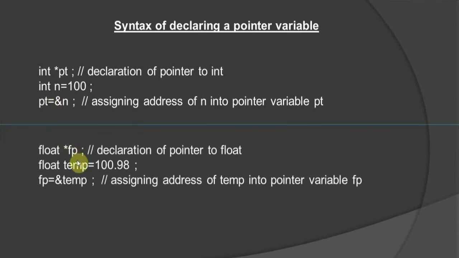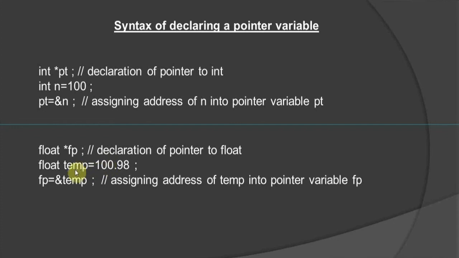Similarly, if I want to store the address of a float variable into a pointer variable, I will have to declare my pointer variable like this. First the data type float, then star fp. fp is nothing else but the name of the pointer variable. Again I repeat, at the time of declaration of a pointer variable, the name of the pointer variable should be preceded with the star symbol. Here I have a simple float variable called temp, which has been assigned some value like 100.998.